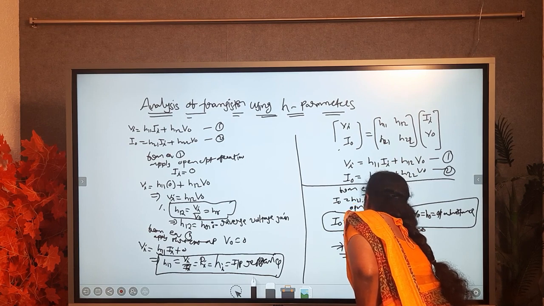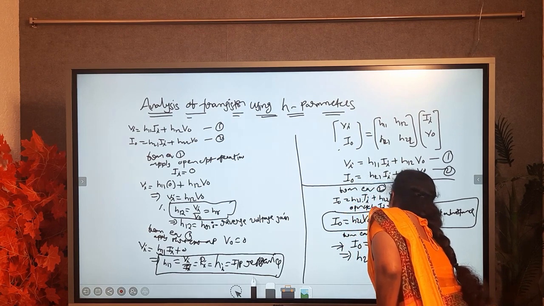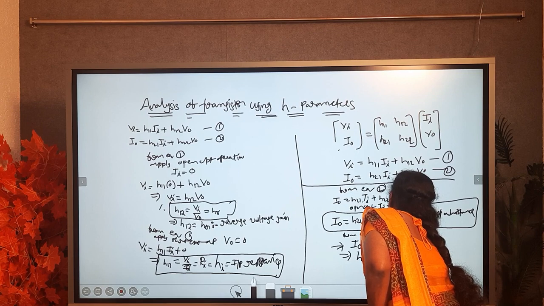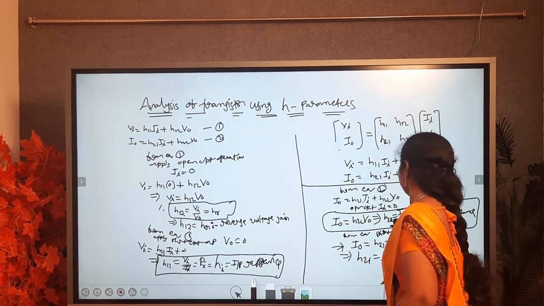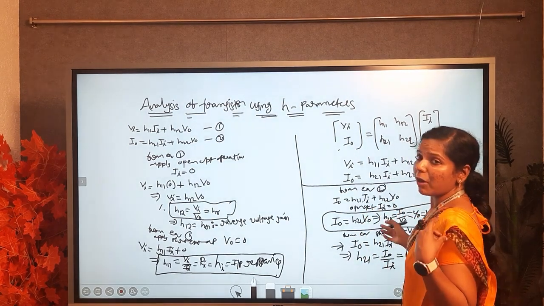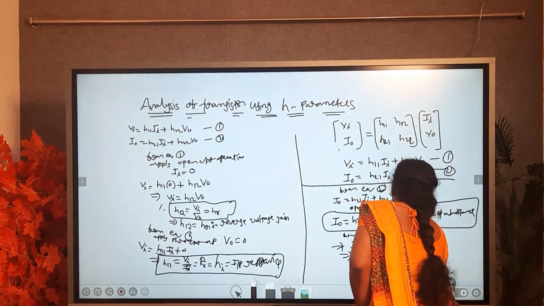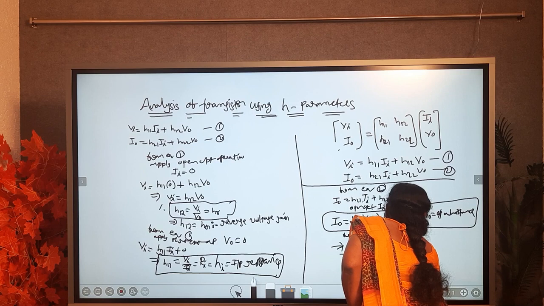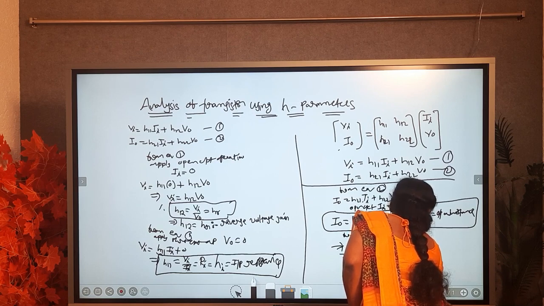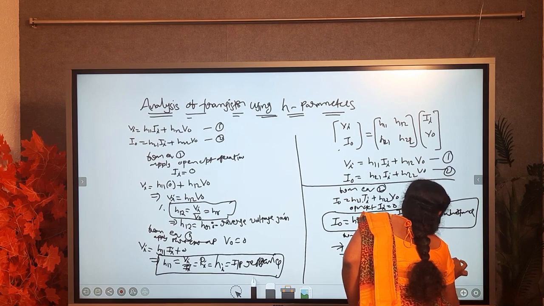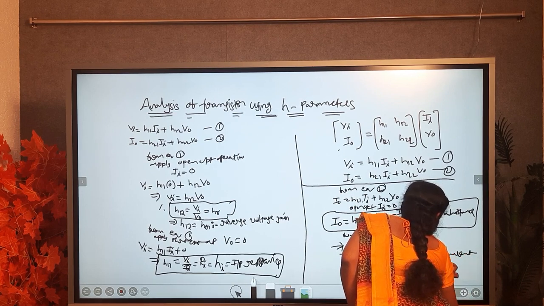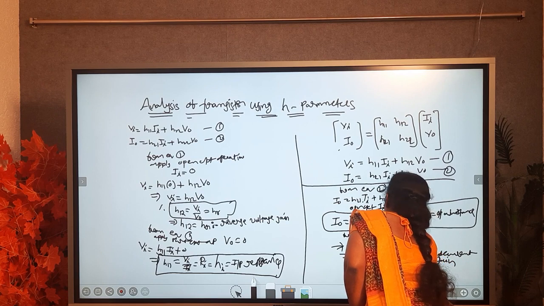That means H21 equals I naught by II. It is in the form of gain. What type of gain? Forward current gain. So it can be represented as H suffix F, that is forward current gain.